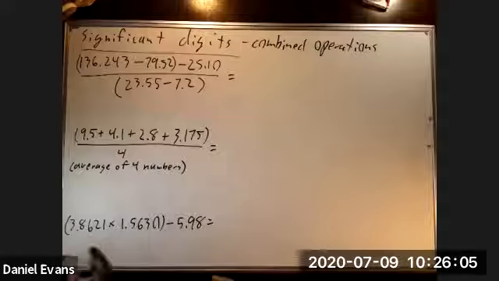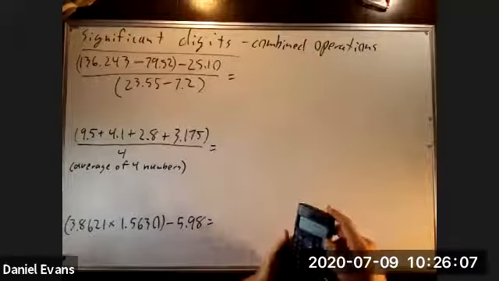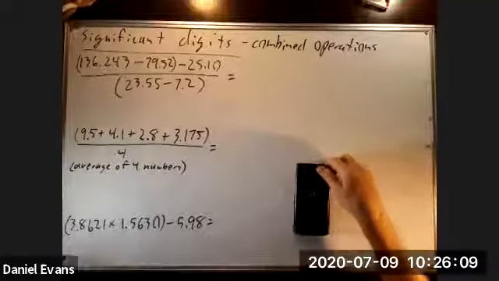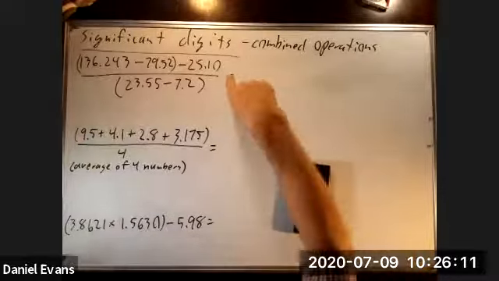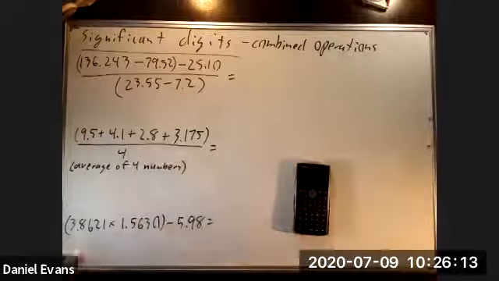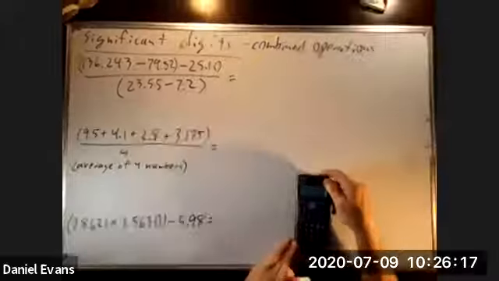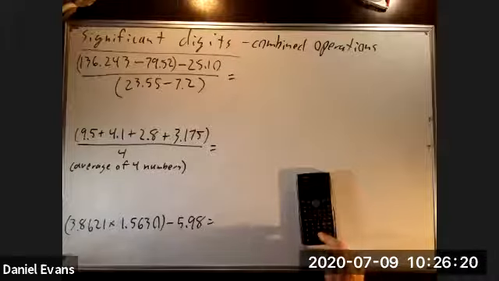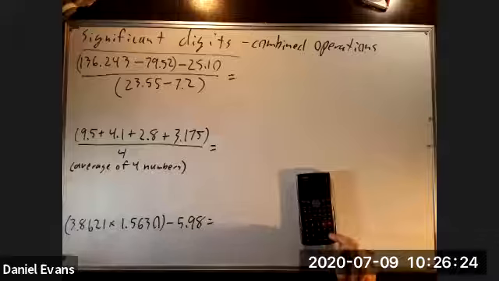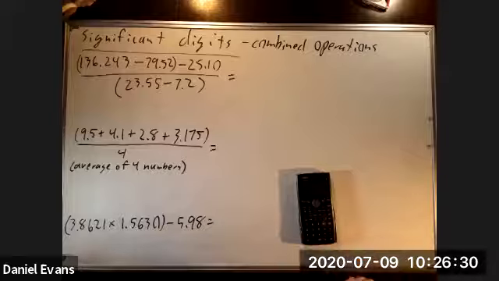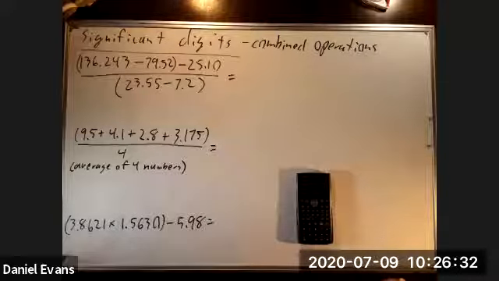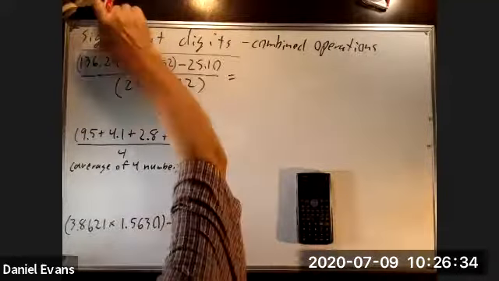So I'm going to do this one with some pauses in my calculation, or I might have to backtrack at times. So I have 136.243 minus 79.52. Now I'll pause there. That gives me 56.723.